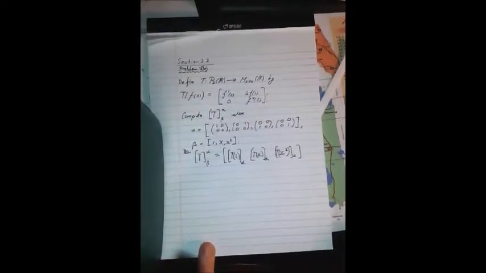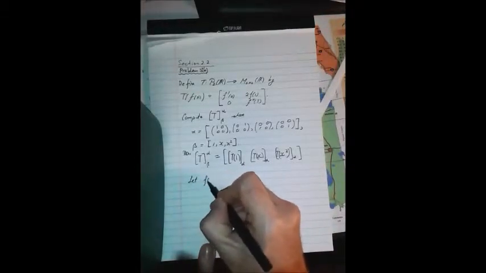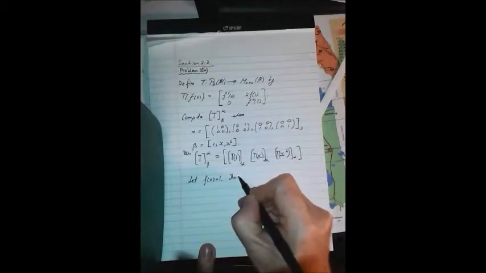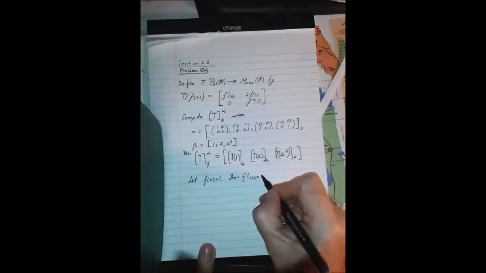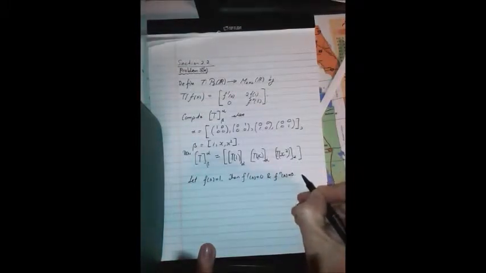Okay, so first we compute T of 1, so we let f of x equals 1, then f prime of x equals 0, and the second derivative is equal to 0.